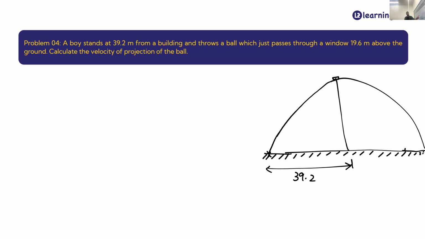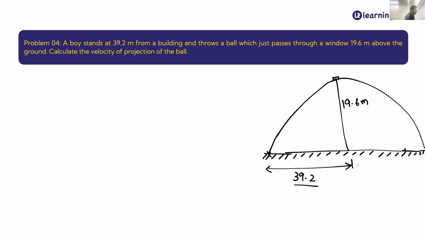Then what will this height be called? It is the maximum height, which is 19.6 meter. So if this is 39.2, we know that whenever air resistance is ignored, the ascending journey and the descending journey travel equal horizontal distances.